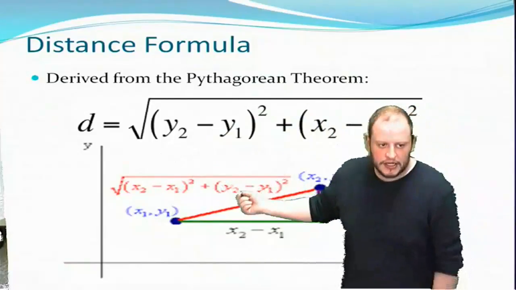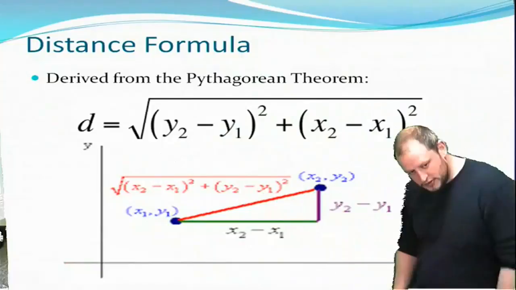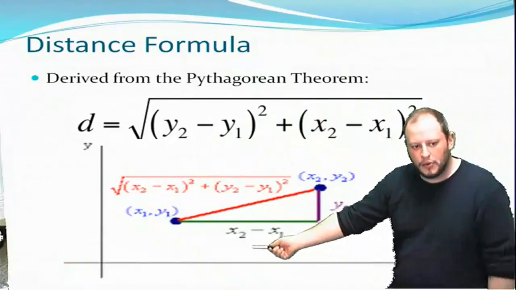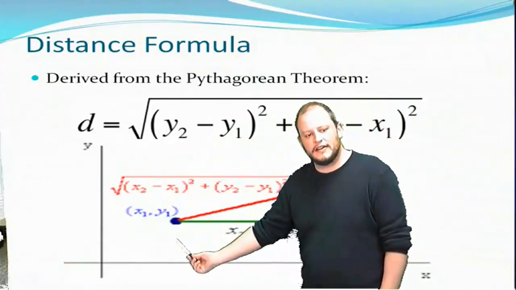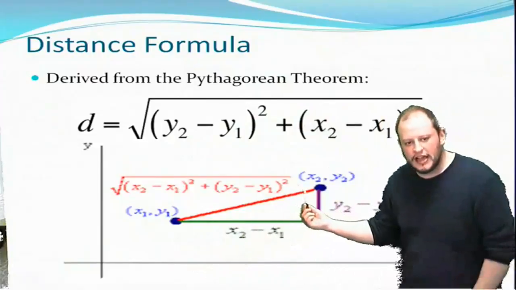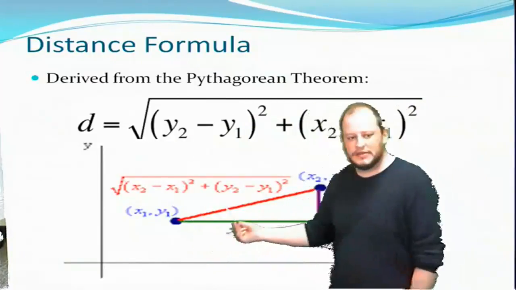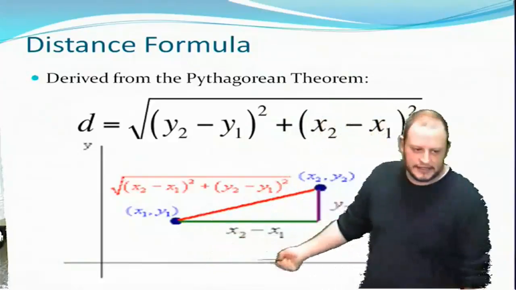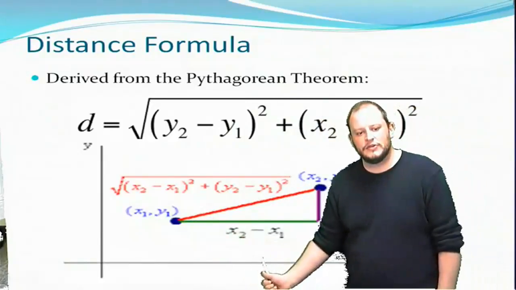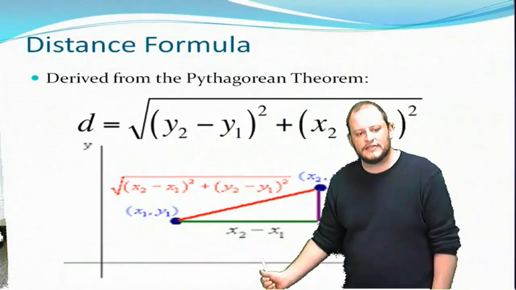And so if you look at our Cartesian plane here, I have point 1 graphed right there, and then I have point 2 graphed right here. And if I want to know the distance between these 2 points, well, I simply take the difference of the x values.